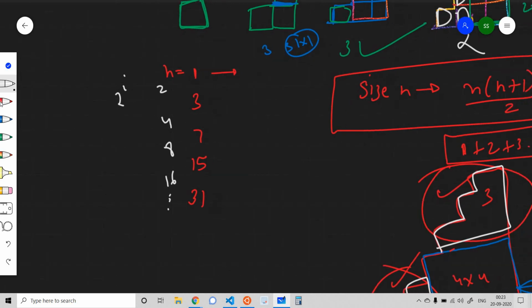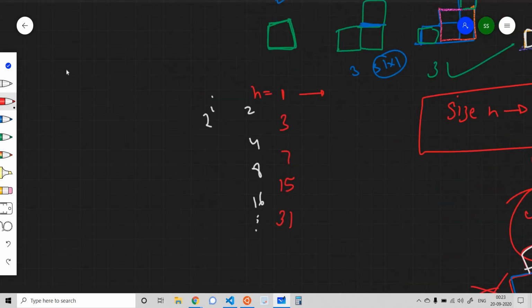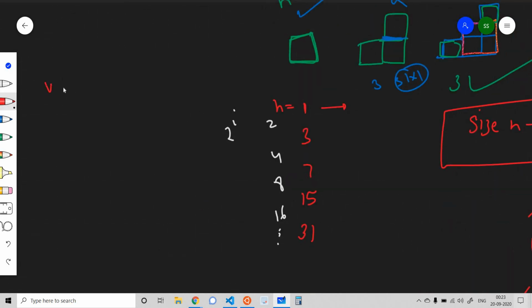Okay, so what I did was I maintained a vector of pairs, pair of long, because the value can be pretty large. In the first, this is a pair, suppose p1 p2.